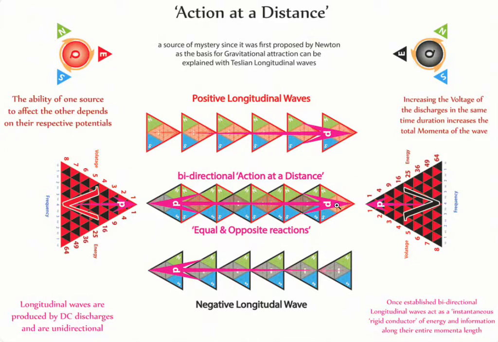It's when these momenta are established between the two, if you continue to have this longitudinal wave, once it's established to be maintained, that you can transfer momenta impulses as information almost instantaneously from one end to the other.